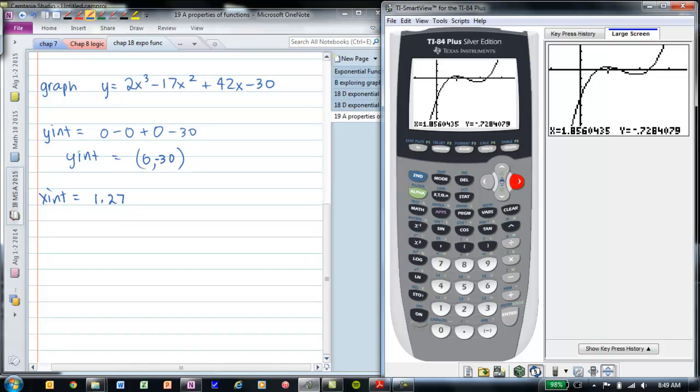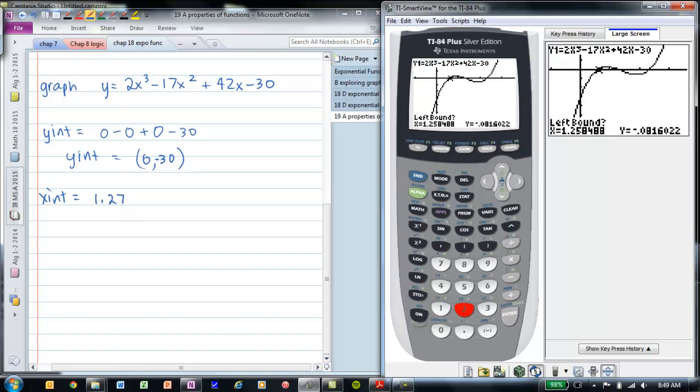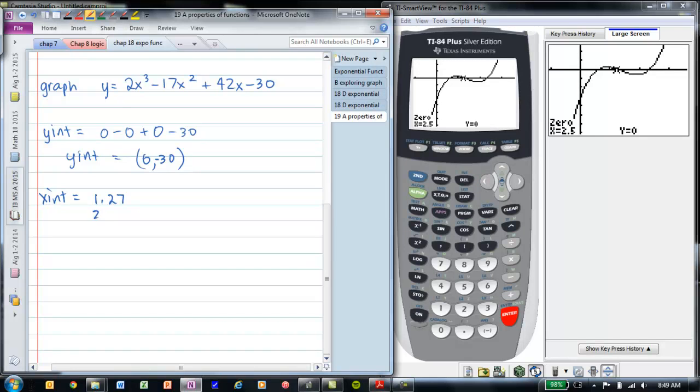So I'll move over, I'll do second calc, choose number 2, left bound, enter, right bound, enter, somewhere in the middle, enter, and my 0 is 2.5. Alright, and then we do it a third time.